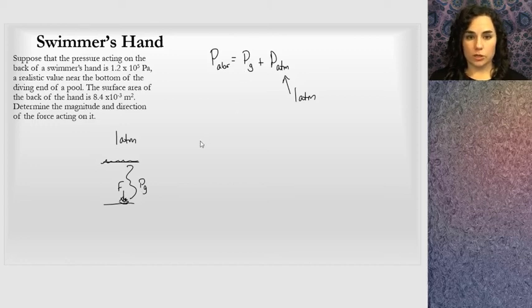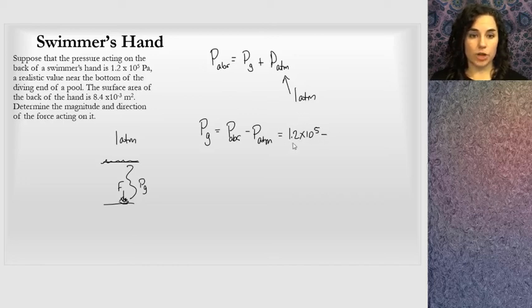So I'm going to solve this equation for gauge pressure. Gauge pressure equals the absolute pressure minus 1 atmosphere pressure. So the absolute pressure, which they tell us in the problem, is 1.2 times 10 to the 5th pascals.